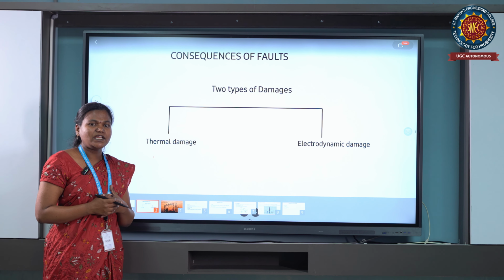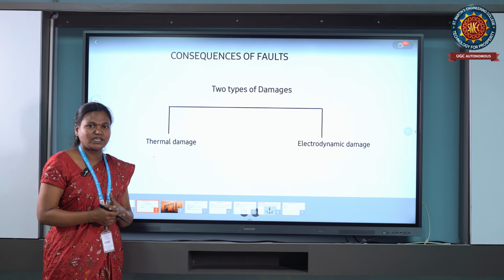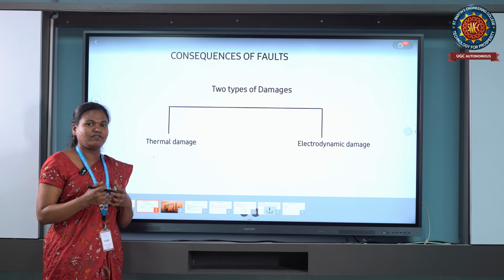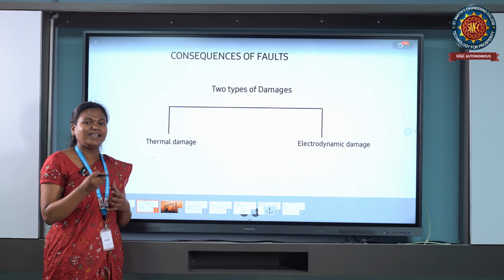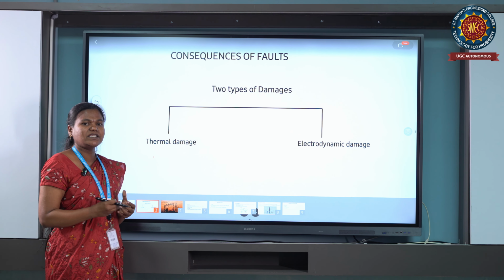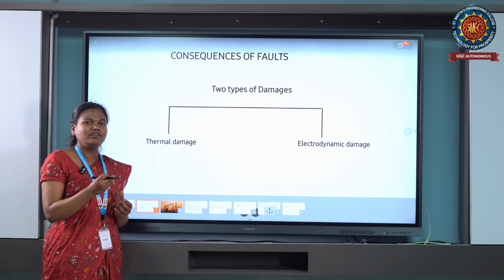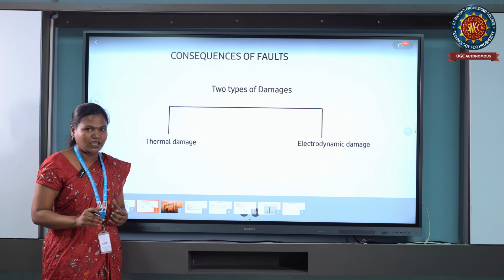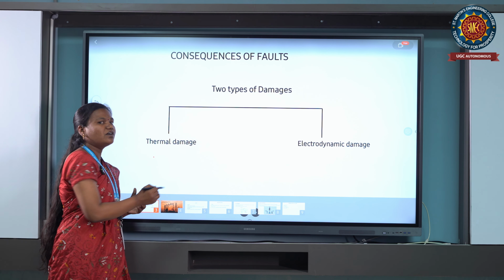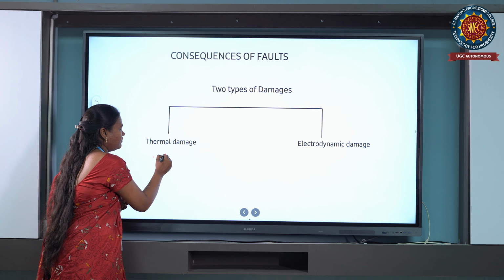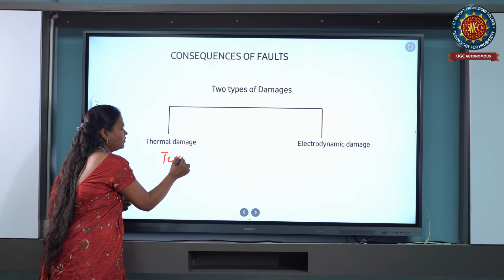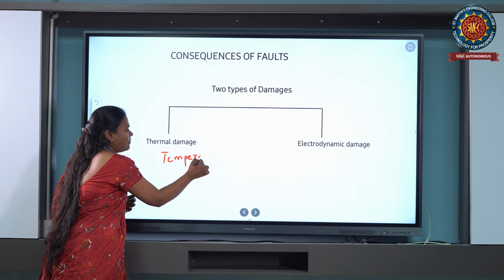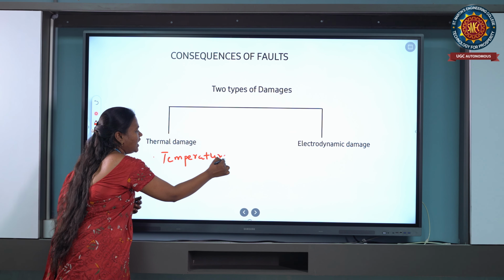If the insulation property reduces and the withstand capacity of the insulating material decreases, the temperature keeps increasing, and it will damage the winding of any electrical equipment. That increase of temperature is thermal damage.